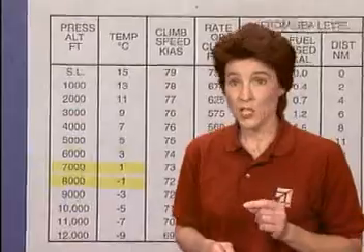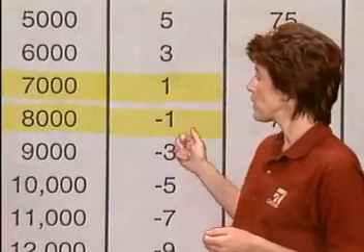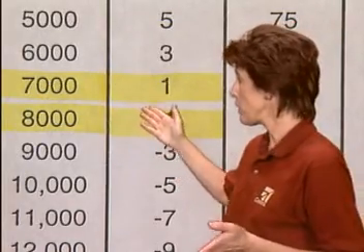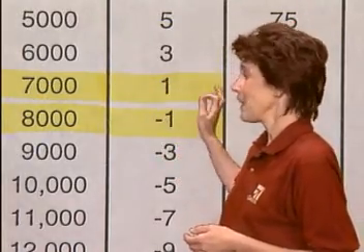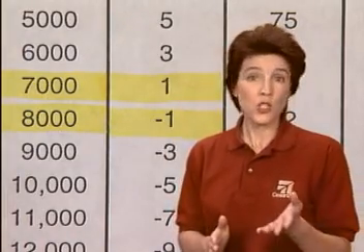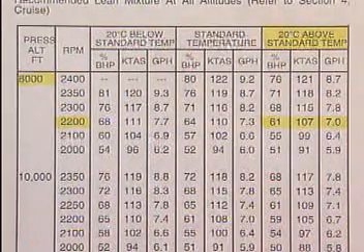In figure 5-7, there's no listing for 7,500 feet, but by comparing the temperatures at 7,000 and 8,000 feet, you can determine that the standard temperature there is 0 degrees Celsius. So your temperature must be 12 degrees hotter than standard. Since 8,000 feet is closest to 7,500 feet, and 20 degrees above standard is closest to 12 degrees, we'll use this area of the chart.